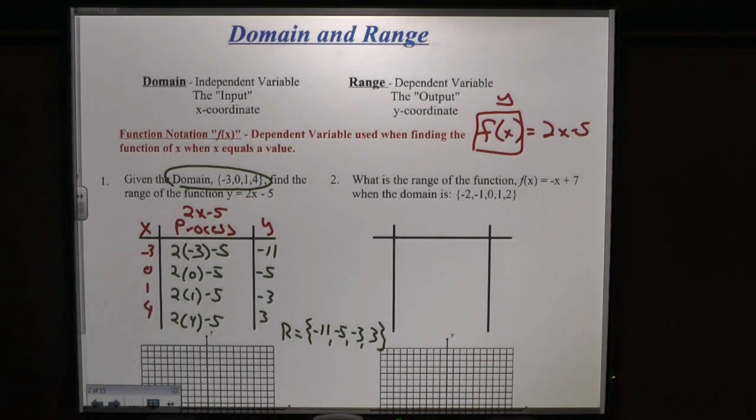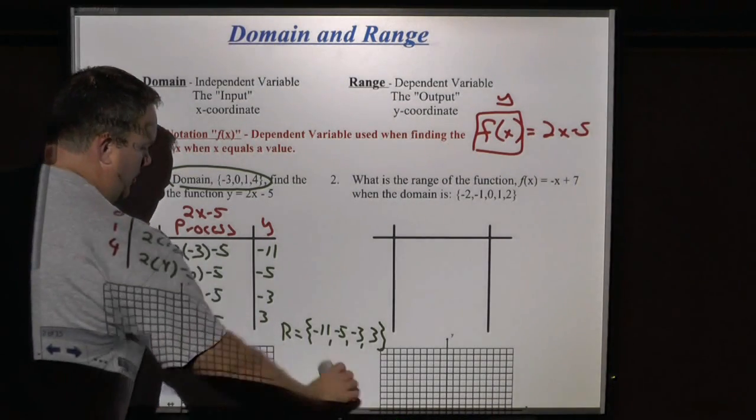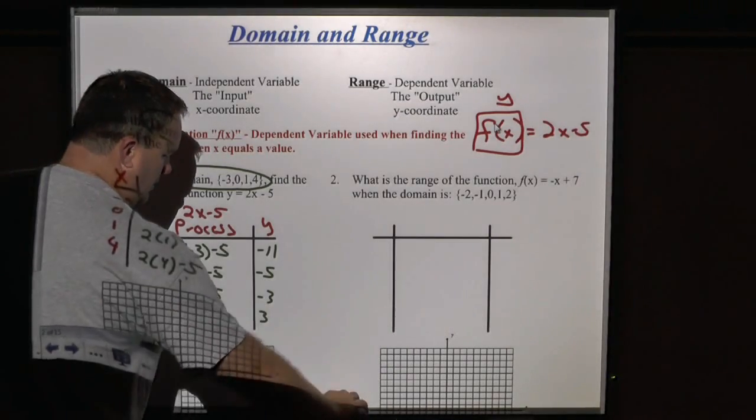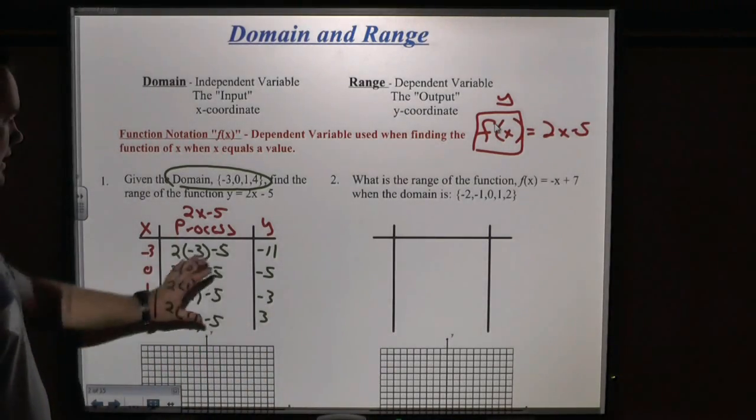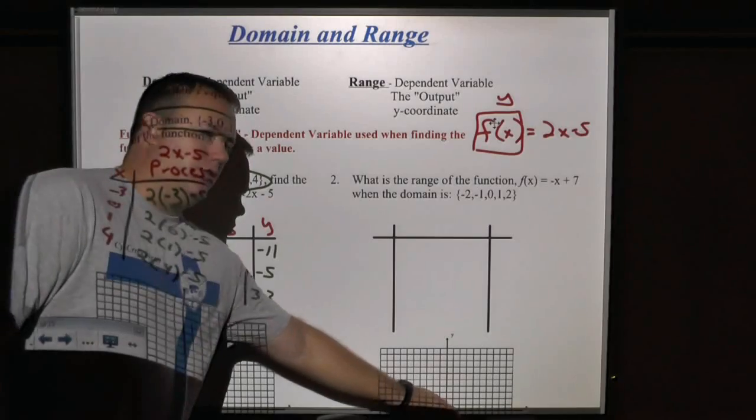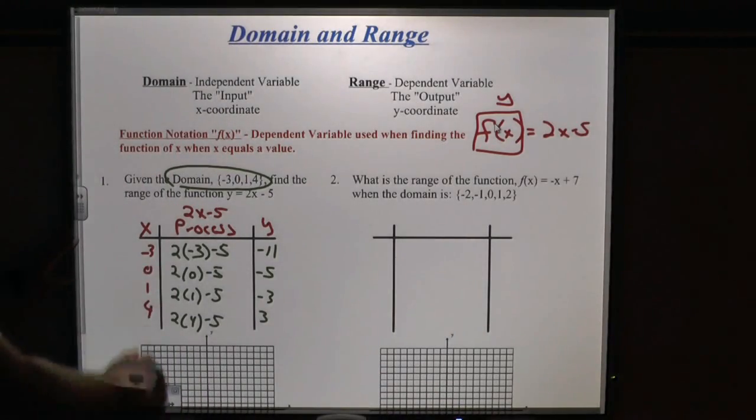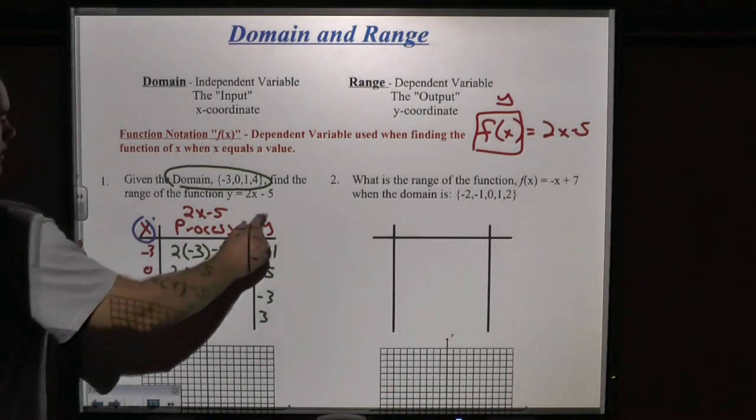If you want to pause it and write that down, you can. I'm going to have to erase it in a second. The big deal about all of this is that we can take this information and graph it. We have an x and a y coordinate.